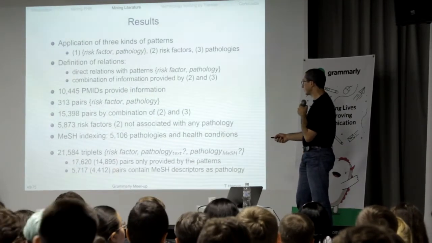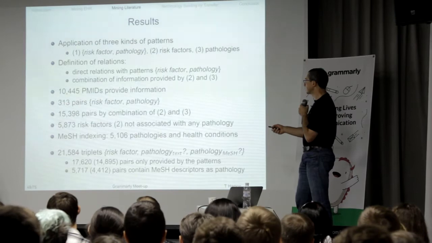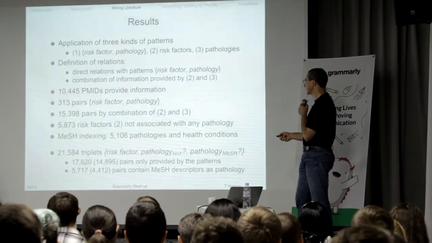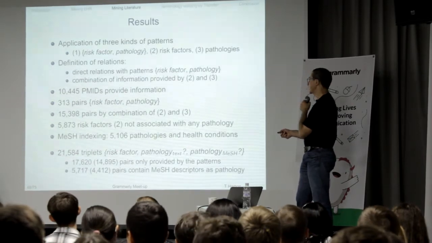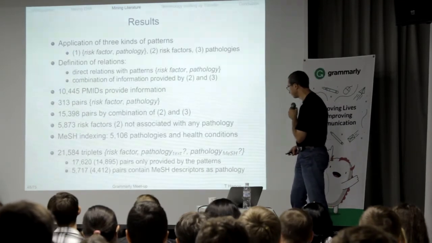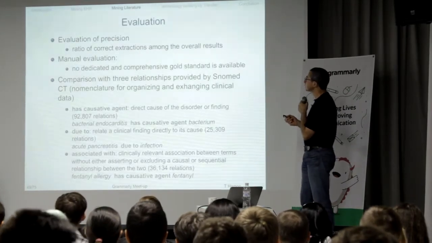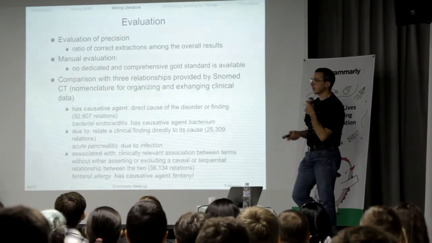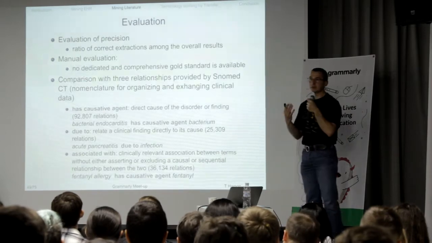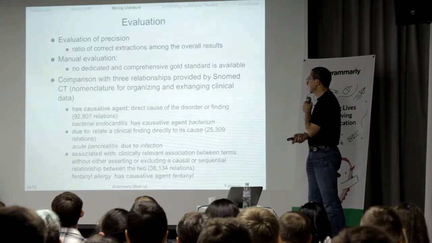So we compare this information with this information, and in that case we have triplets with risk factor, pathology observed in the text, and pathology which comes from the indexation. We evaluate the results according to the precision. We also perform a manual analysis, or two manual analyses, and we also compare the results with some relationships we can find in SNOMED CT.